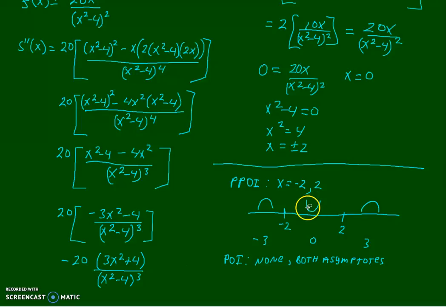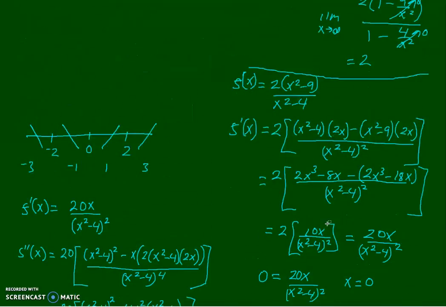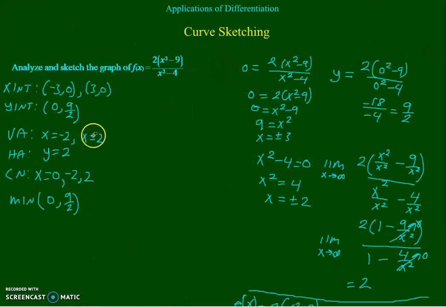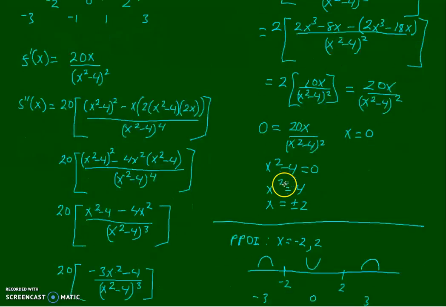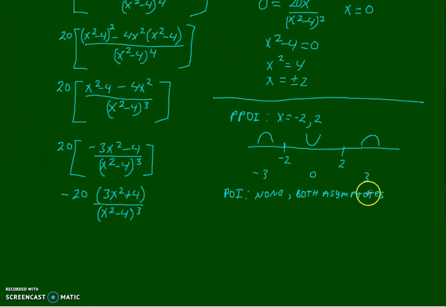We evaluate the second derivative at -3, which gives us negative, concave down, at 0, which gives us positive, concave up, and 3, negative, concave down. So concavity does change at -2 and 2, but because -2 and 2 are asymptotes, we have no points of inflection. So there are no points of inflection for this function.